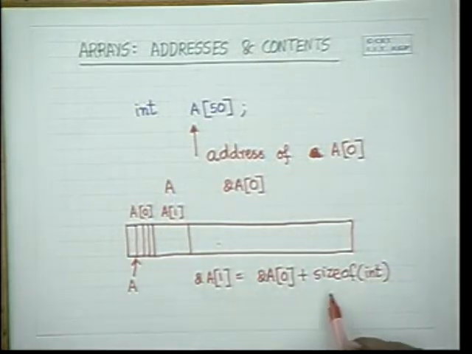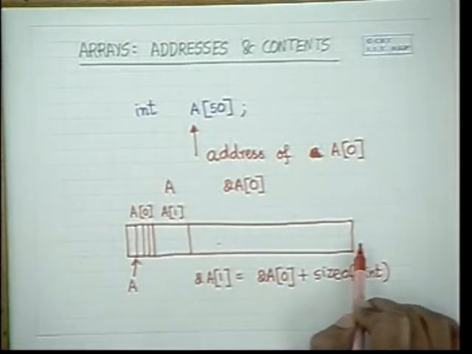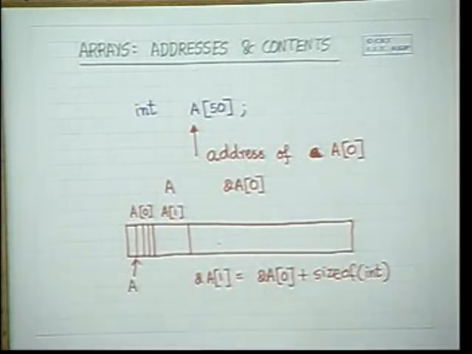There is a sizeof function which you can have a look at and find out sizes of various pre-declared types. So this is plus 1 and so on. So a one-dimensional array is stored in contiguous locations like this.